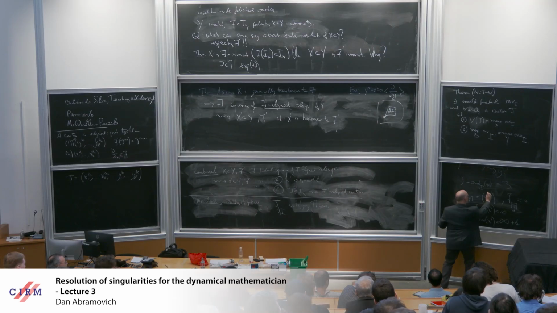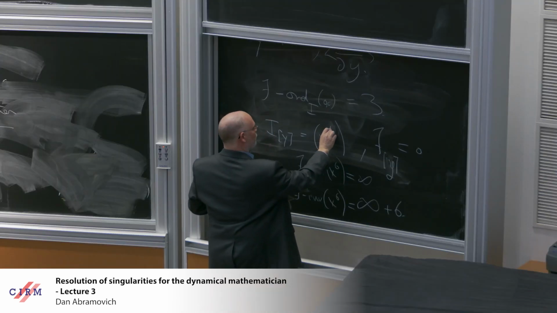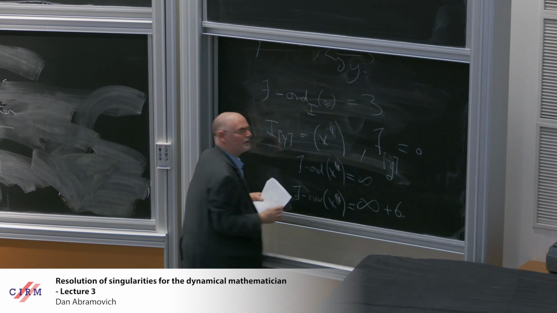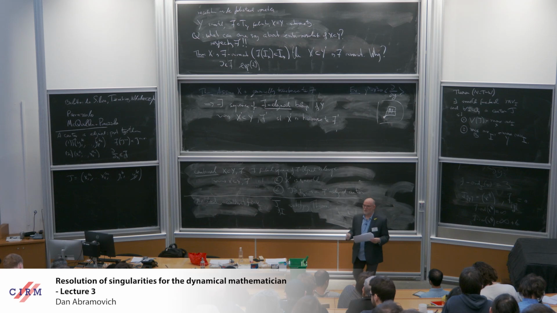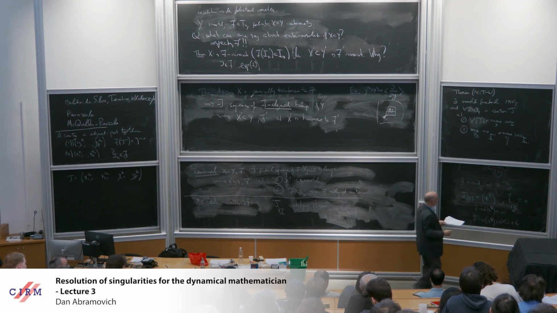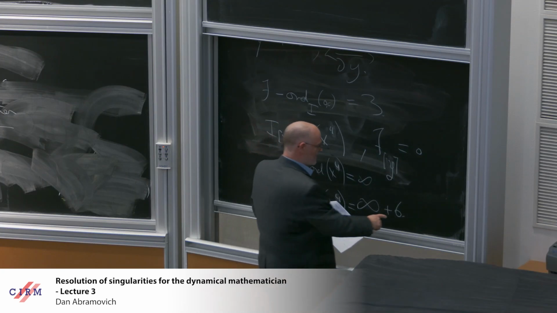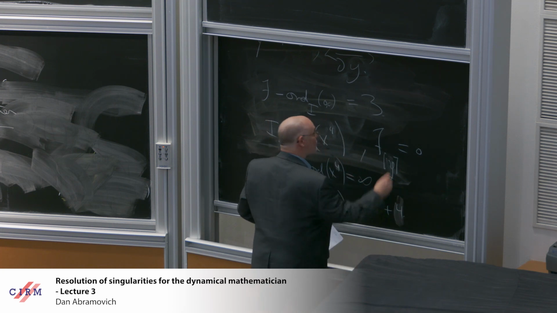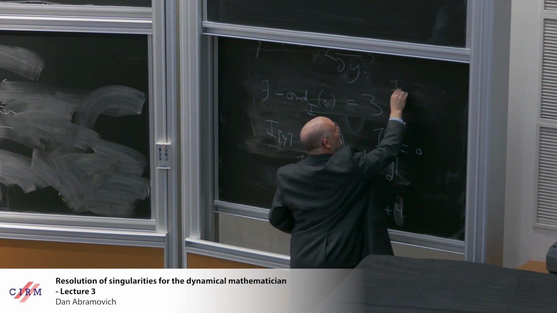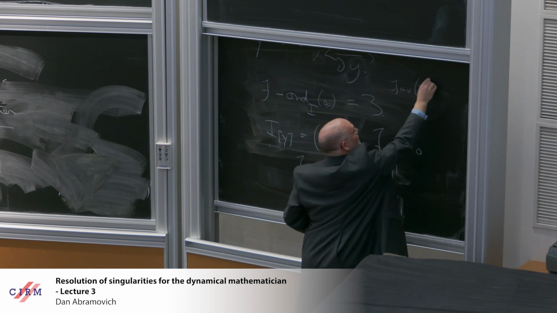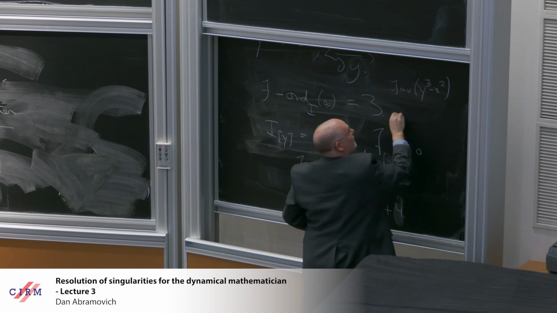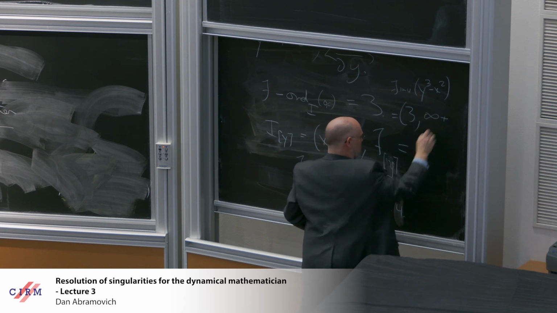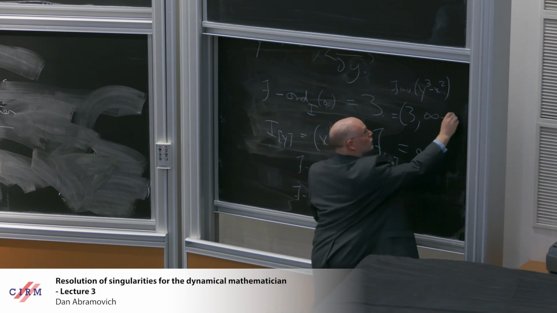No, so it was not x to the 6, it was x to the 4. We rescaled it by 2, so plus 4. So the F invariant of y cubed minus x squared is 3 comma infinity plus 4 divided by 2, which is 2.